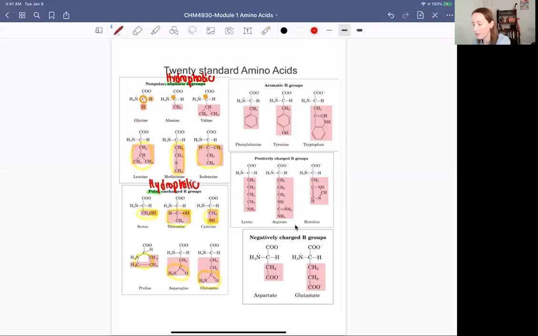And so we can think of our basic amino acids as being ones that have amine R groups. Remember that bases have a propensity to accept protons. So our proton acceptor R groups are going to be arginine, lysine, and histidine.